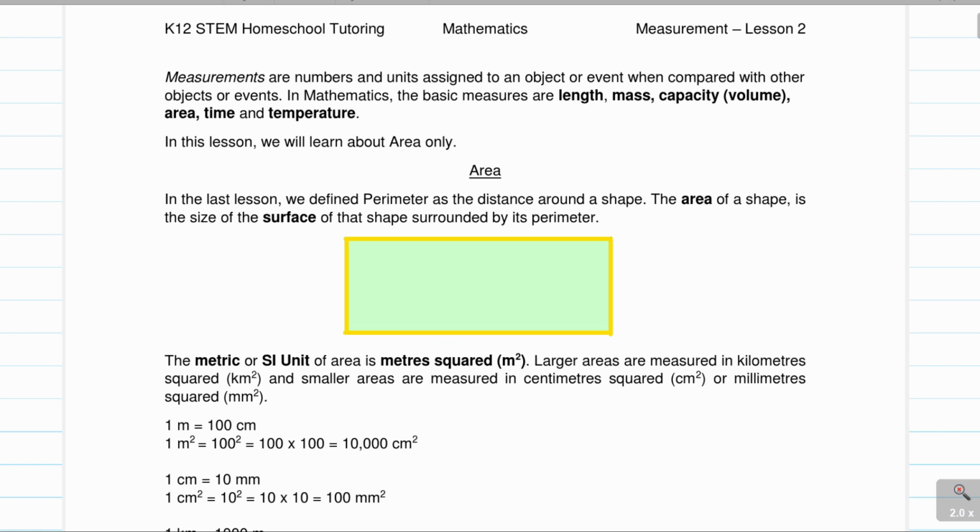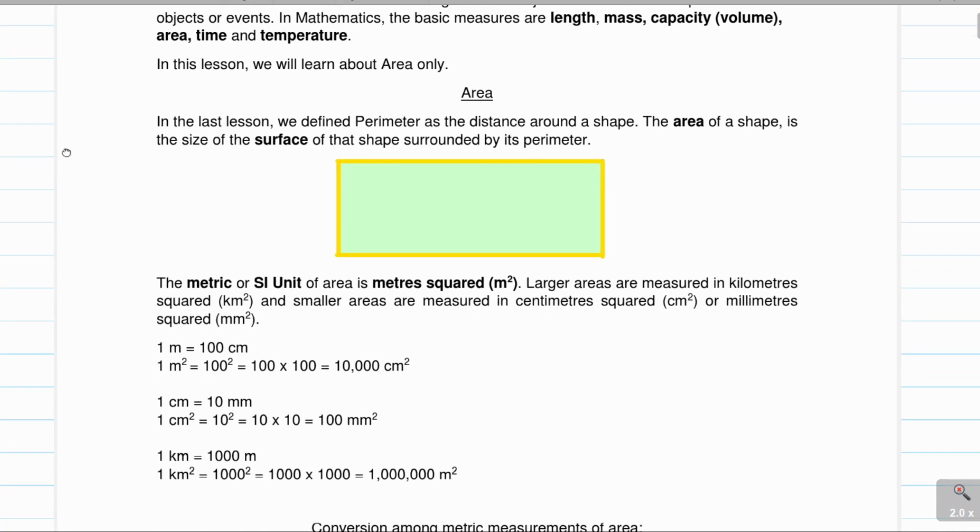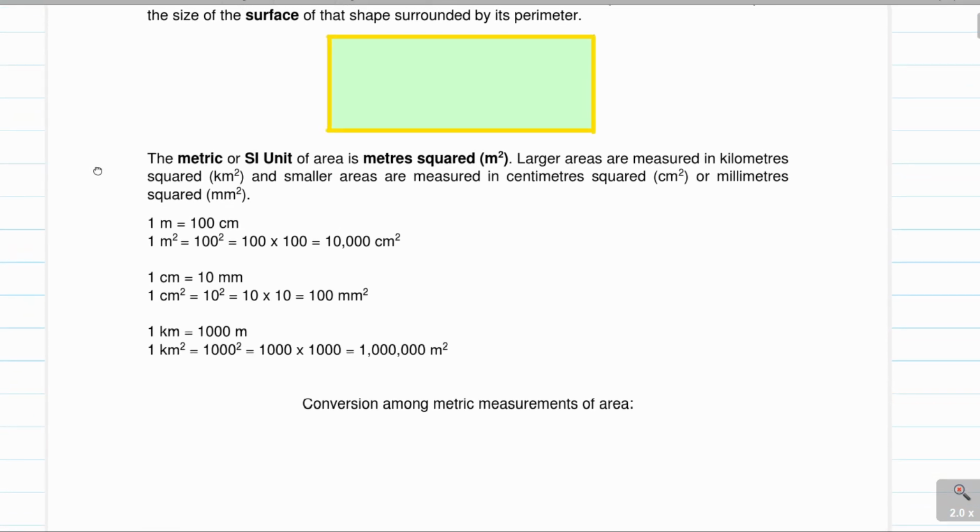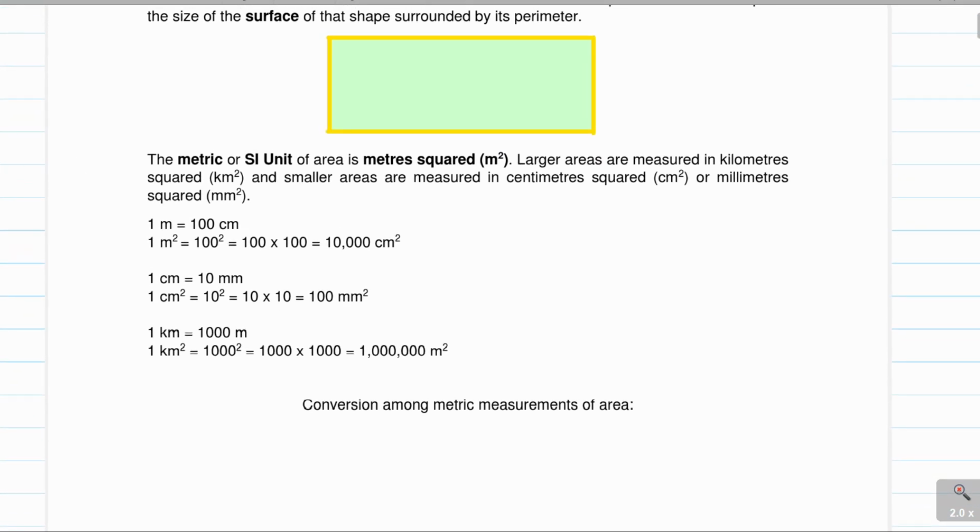Now the metric unit, remember we talked about SI units. The metric or SI unit of area is meters squared. Right? Larger areas are measured in kilometers squared. Okay, and we write it as we see it here, right?